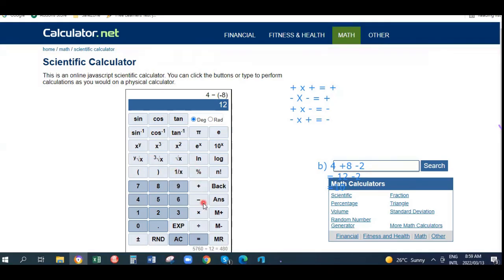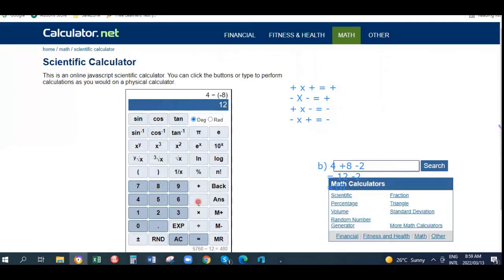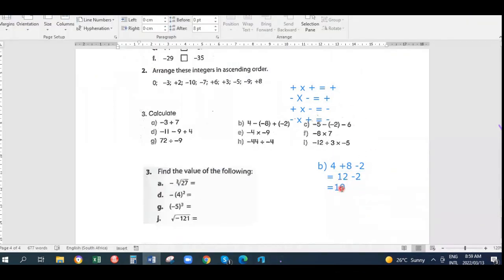And I think it is a plus minus 2, sorry. So plus, watch this here, plus, in brackets, a minus 2, and close brackets. So it's 4 minus negative 8 plus negative 2, and that gives you an answer of 10. There's your answer, 10.